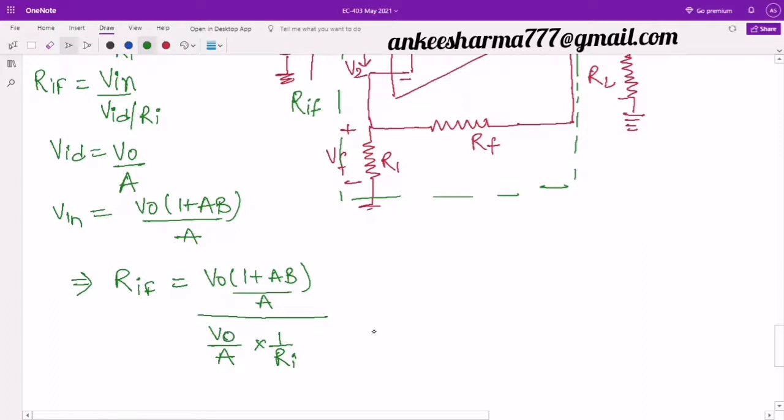V naught will be cancelled out over here, right? This A will also be cancelled out because both are in the denominator. What I am left with is 1 plus AB, and this is the denominator of the denominator, so definitely it will go in the numerator. So it is equal to Ri times (1 plus AB), and this is equal to RIF.